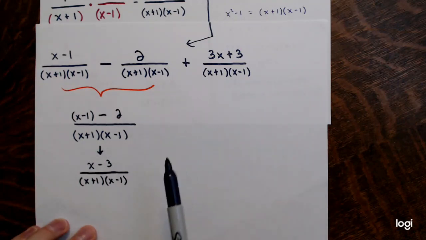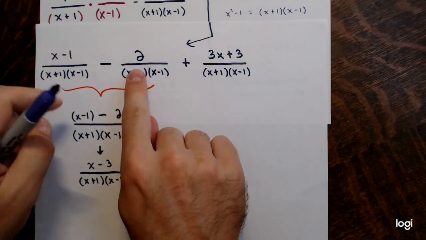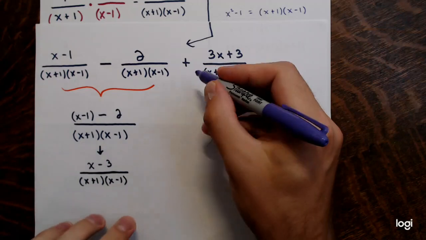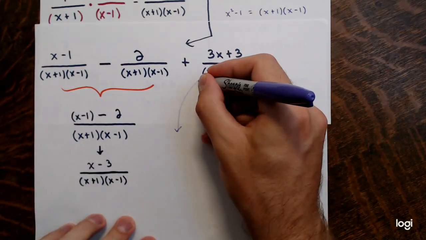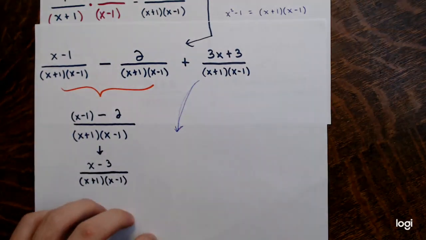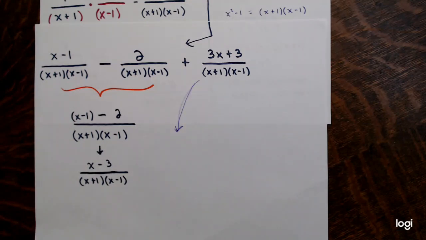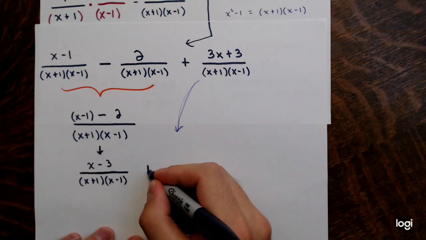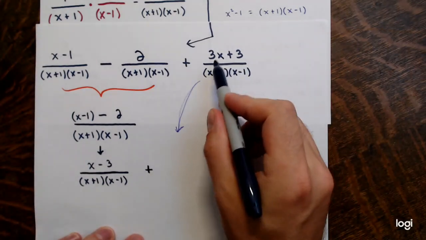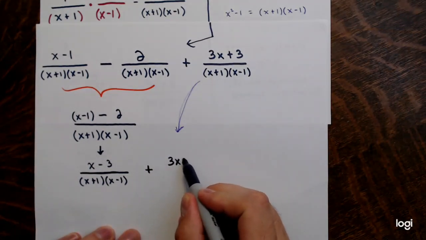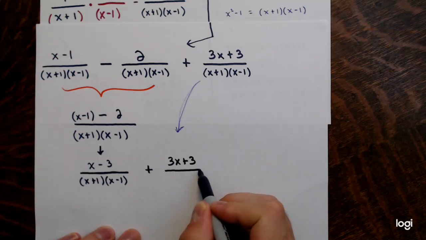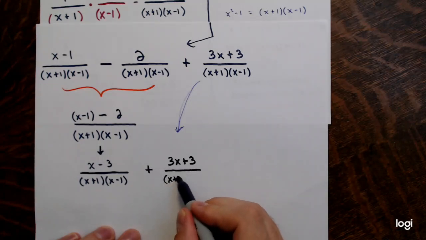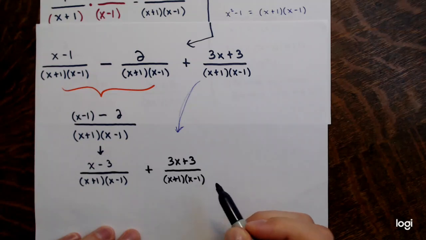And then don't forget this now. So that's just subtracting the first two. And then all this I'm going to drop down. Okay, that's a pretty faint marker. It's going to go in the trash. And then we have plus this fraction, plus the 3x plus 3 divided by the x plus 1 times x minus 1, the LCD.